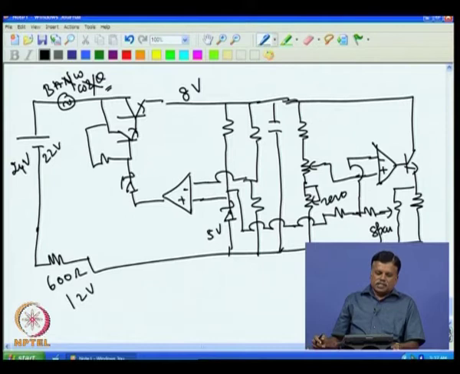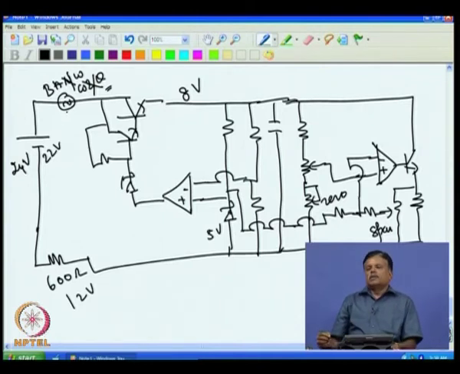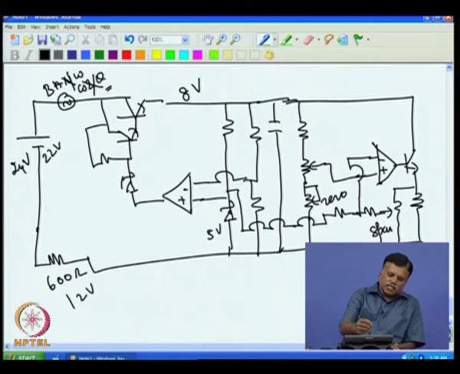Then this voltage regulator circuit really receives not just the 24 volt supply voltage, but the supply voltage plus or minus this AC voltage. Suppose even if the picked up voltage due to the magnetic field is 1 volt AC, say 50 hertz, then you have 24 volt plus or minus 1 volt appearing here.